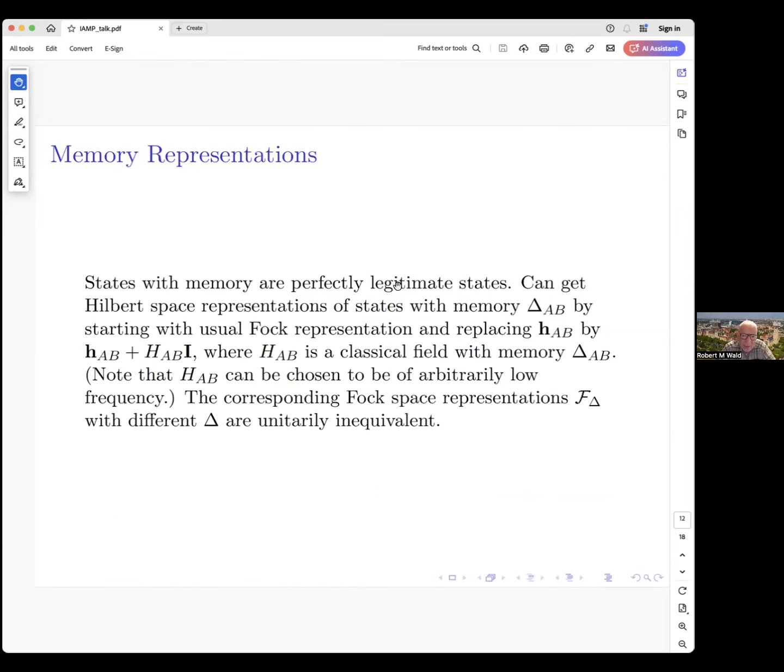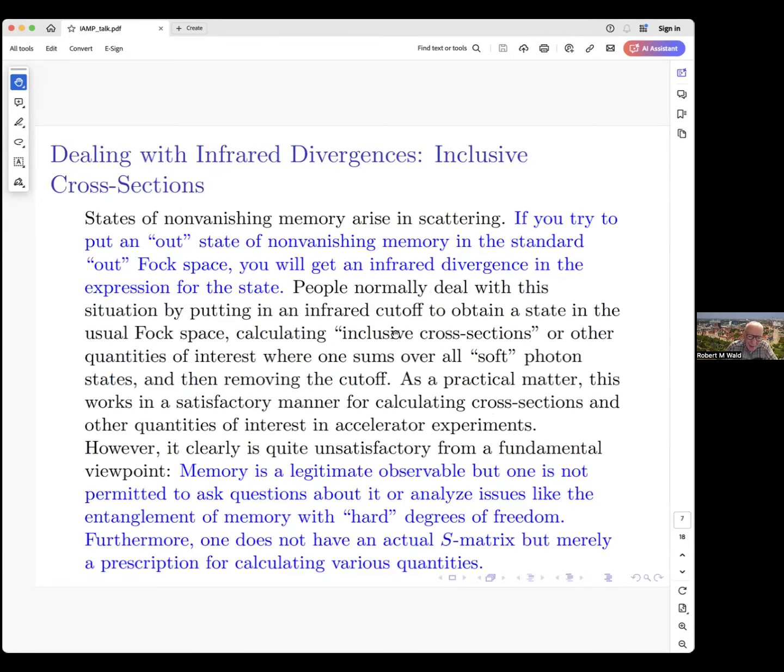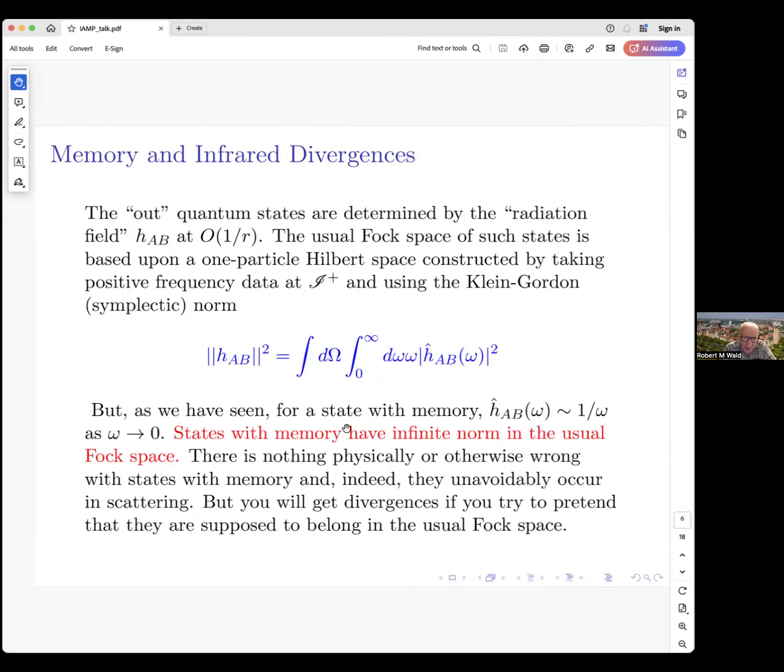Okay, so now I'm about to get to the Faddeev and Kulish construction, but let me return to the point that I already alluded to back here, when I was pointing out that states with memory would have infinite Klein-Gordon norm, that there's nothing physically wrong with these states.